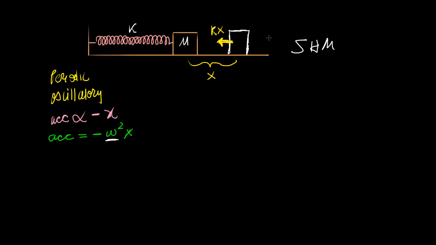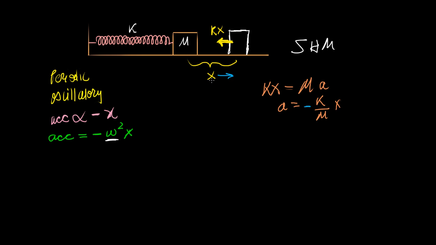Newton's second law, you know that: kx must be equal to the mass m times the acceleration a. So a must be k by m times x, and I'm going to put a negative sign because the displacement is in the right direction and the acceleration is in the left direction.